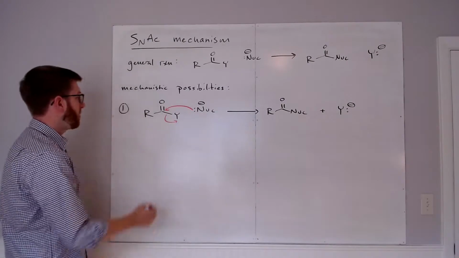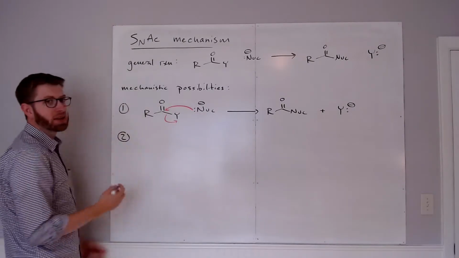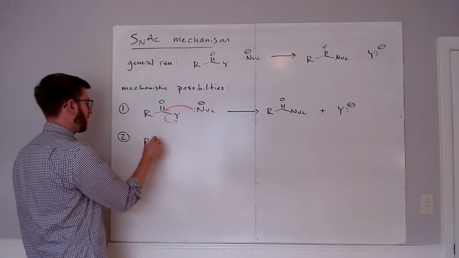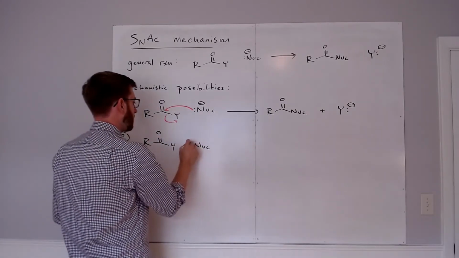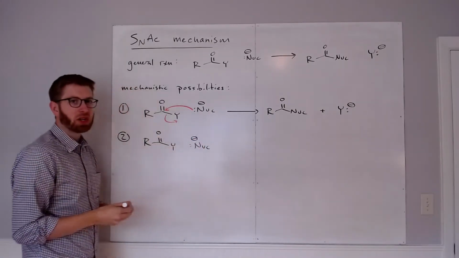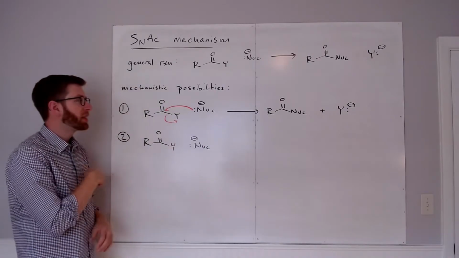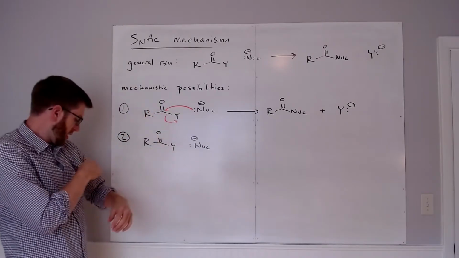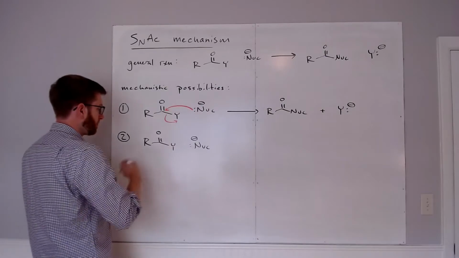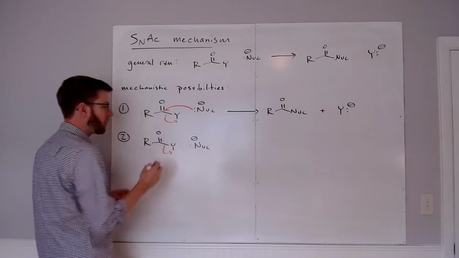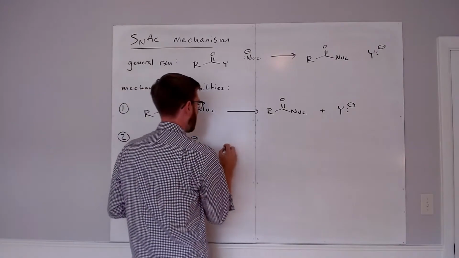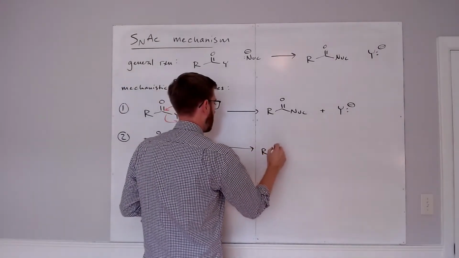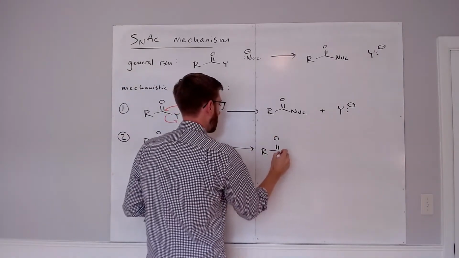Great. So another possibility is we could treat this more like an SN1 reaction. So we could take the same set of compounds and now do these structural changes in two separate steps. Rather than dealing with all of the bond changes at once, first we could dissociate the Y group. That would give us a carbocation, like this.